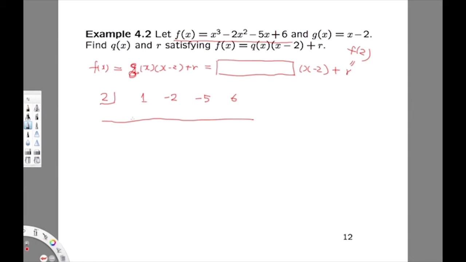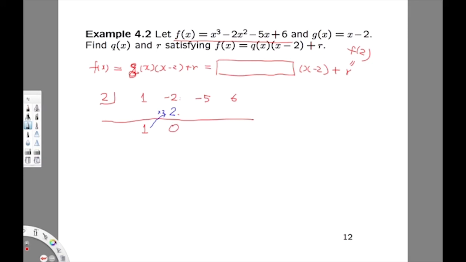And then first bring this first one down here. Then multiply it with this 2. You write 1 times 2. And then here you have this plus this. So add them together, you get 0.